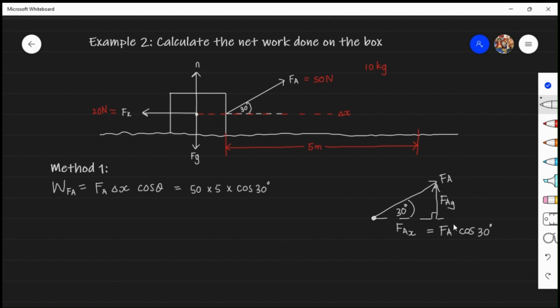Now, if you notice here, technically we are using that because the formula already incorporates that into it. So we don't need to do all of this extra calculation because the work formula already does that for us. All we need to do is substitute the value of the applied force irrespective of whether it is horizontal or at an angle.